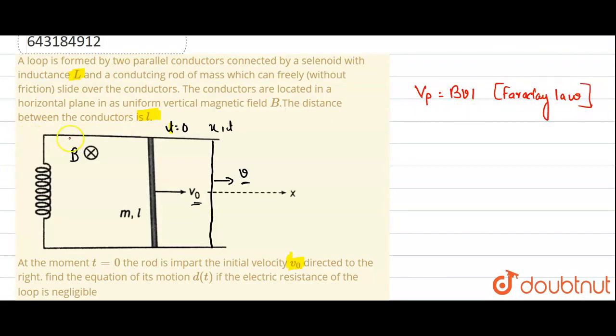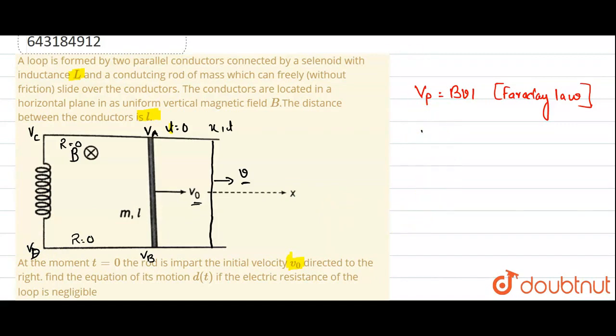Now just listen. It is given that all the conductors are frictionless and have resistance equal to 0. Means if here the potential is BVl, then just give the names C and D, then the potential difference Vc minus Vd is also BVl.